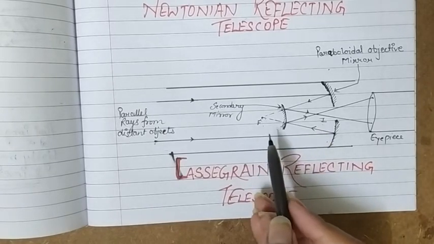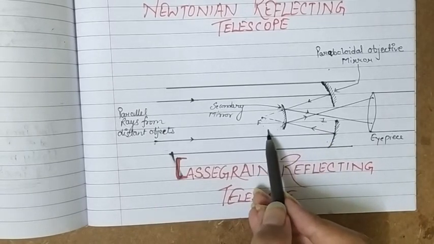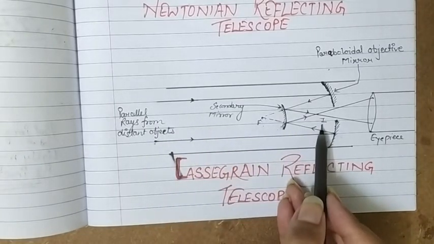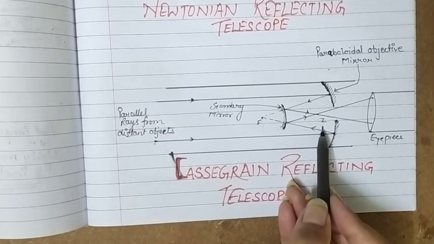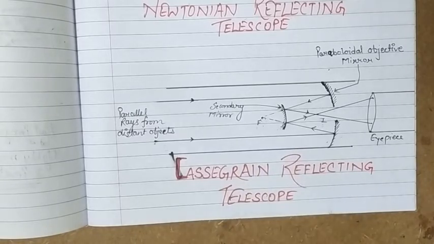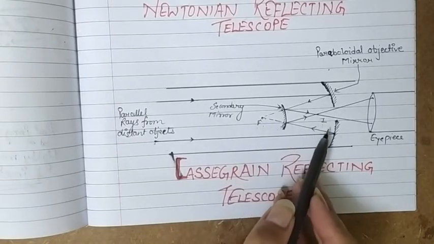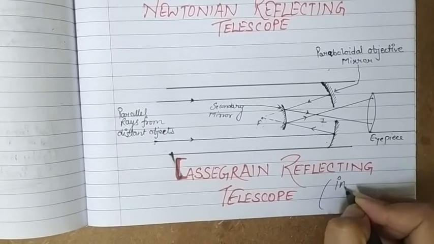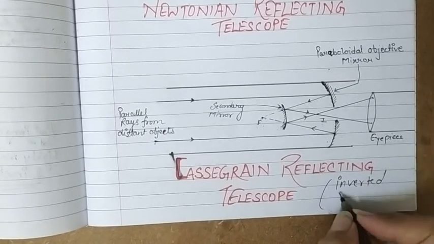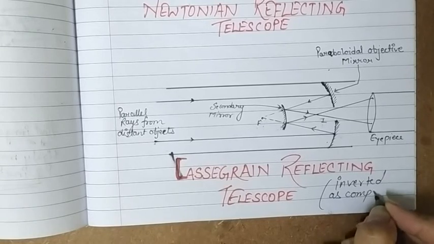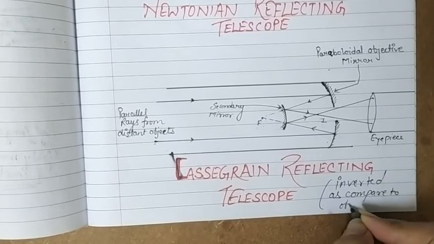So the image formed at F is inverted with respect to the object, while the image formed at I is erect with respect to the first image at point F. Hence the final image that we get at capital I will be inverted as compared to the object.